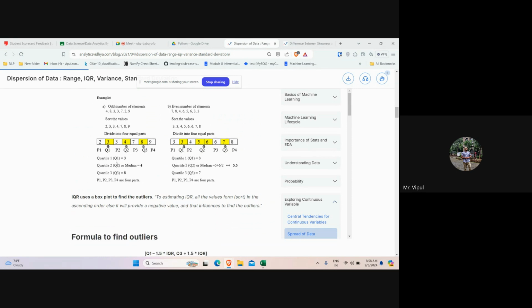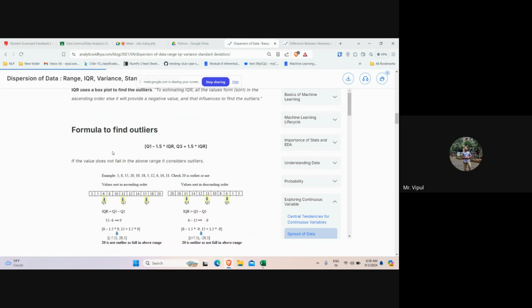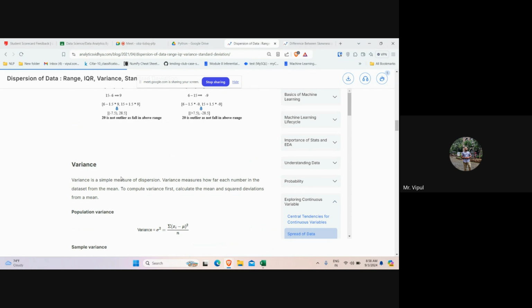Even if you have outliers, your IQR value will not be influenced by them, right? This is the formula to find the IQR. We already have discussed this. Now we have variance. What is variance? It is a simple measure of dispersion. Variance measures how far each number in the dataset is from the mean.